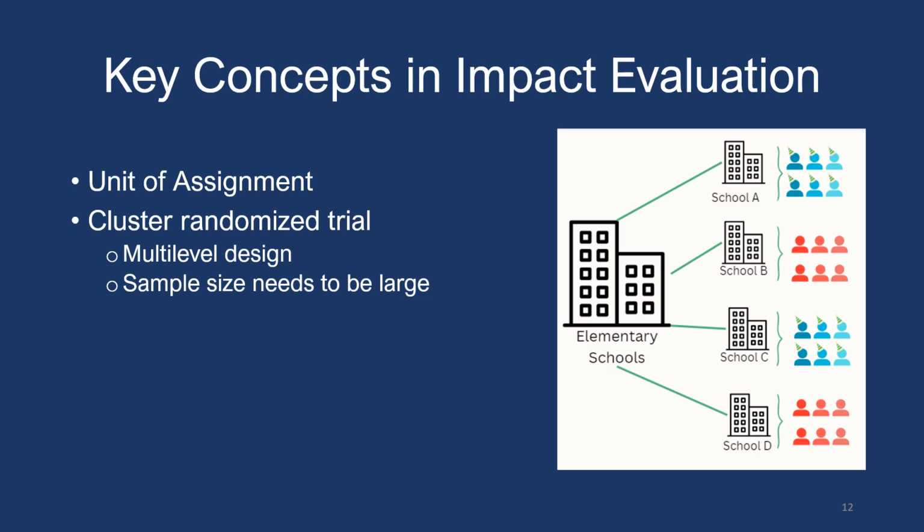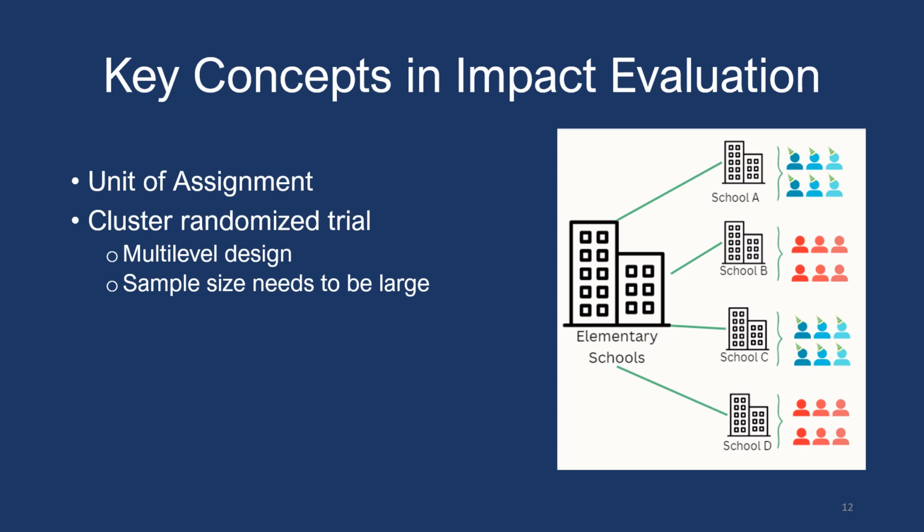So, what if our unit of assignment is not an individual? A guiding rule is that whatever the unit of assignment is, so too will it be the unit that program services are offered to and the unit of measurement for our outcomes.